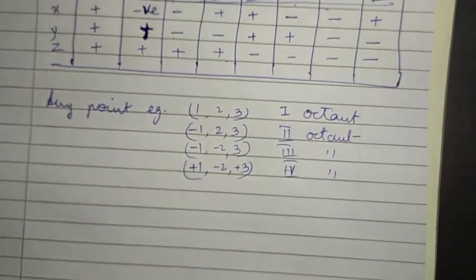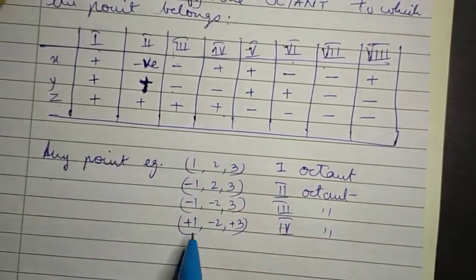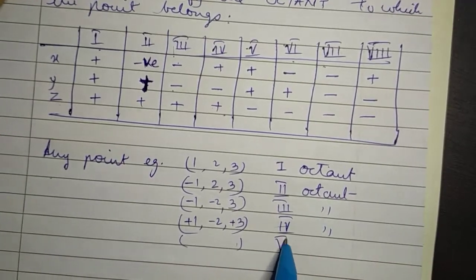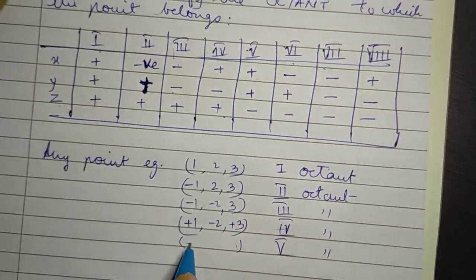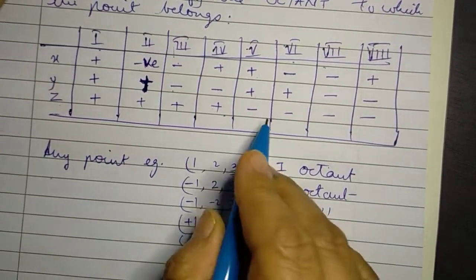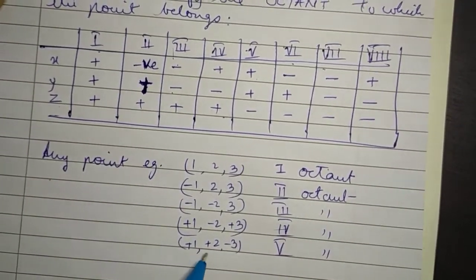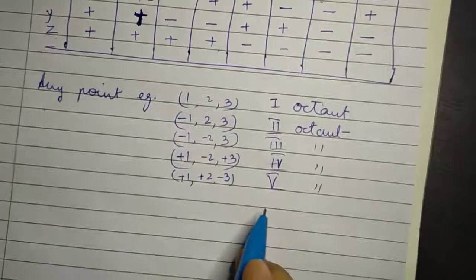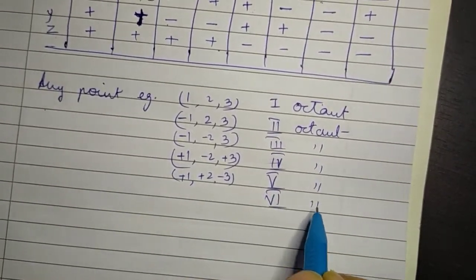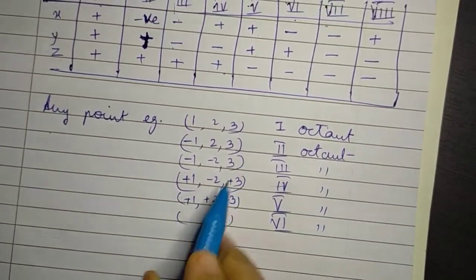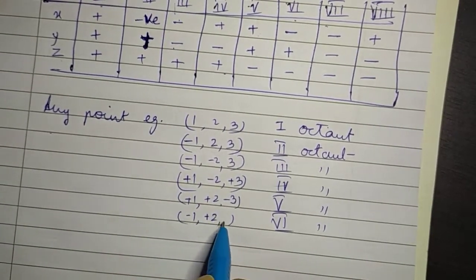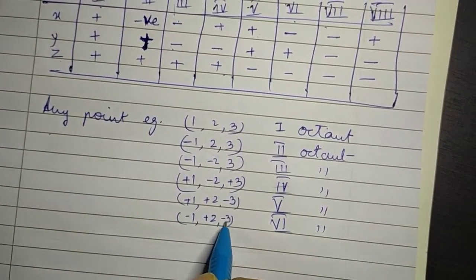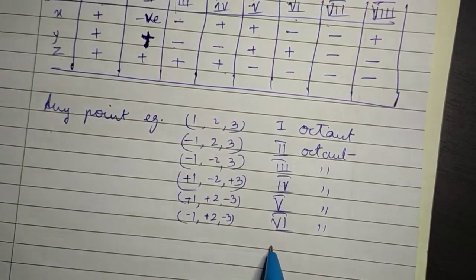Fourth octant. Now to identify a point in the fifth octant, we should have x and y positive and z negative. So this is a point lying in the fifth octant. Then for the sixth octant, we should have x negative, y positive, and z again negative. This will lie in the sixth octant.